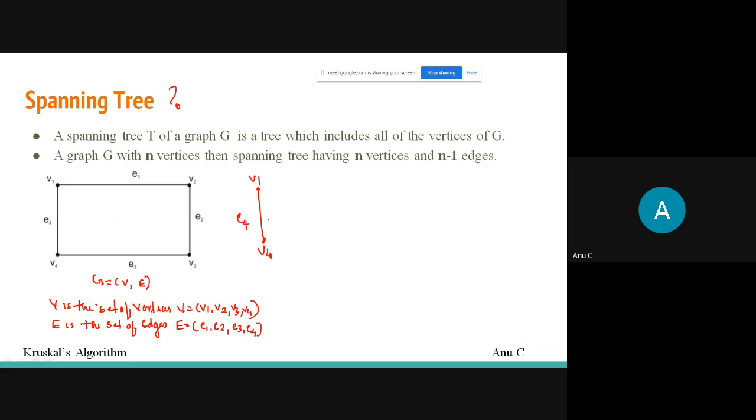This is a tree because it is connected and has no circuit, right? And this tree contains only two vertices of this given graph, right? And this is not a spanning tree.